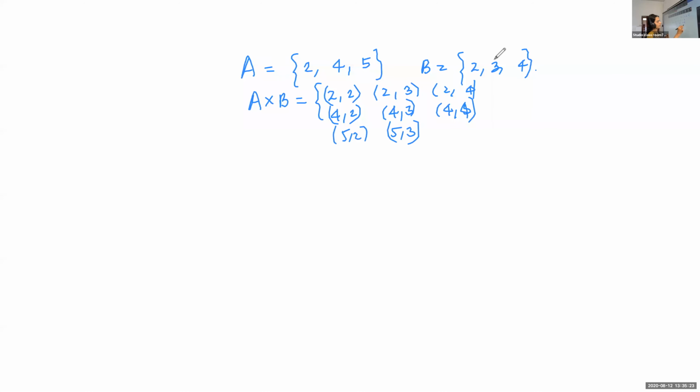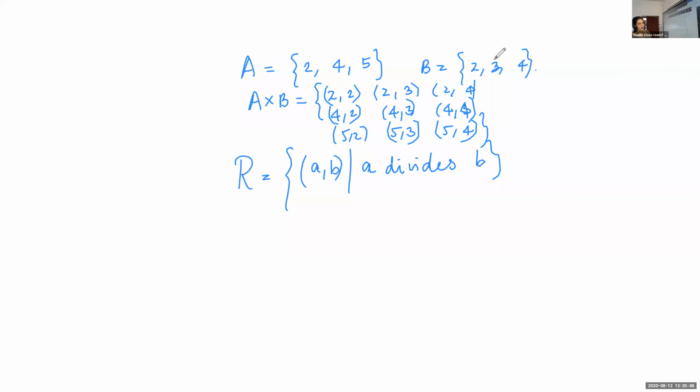Good. Okay. Now, I'm going to define a relation. R is equal to the set of all ordered pairs (a, b) where a divides b.